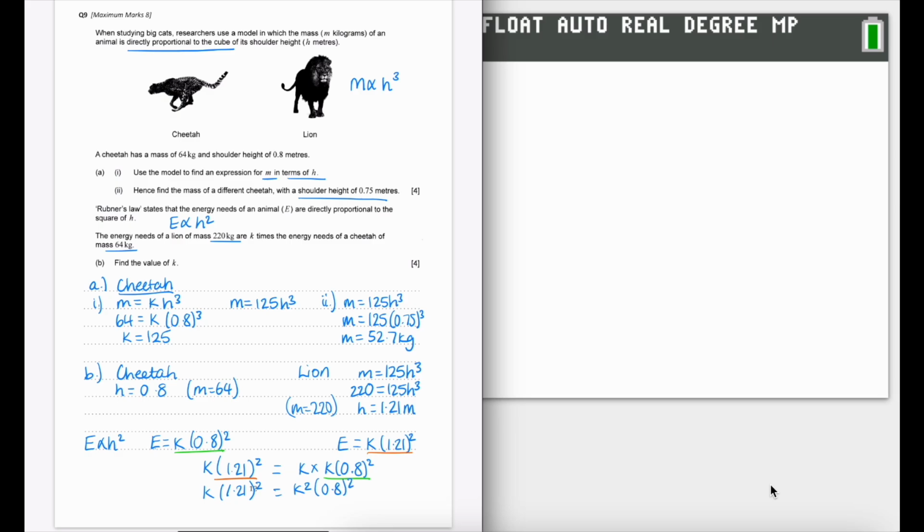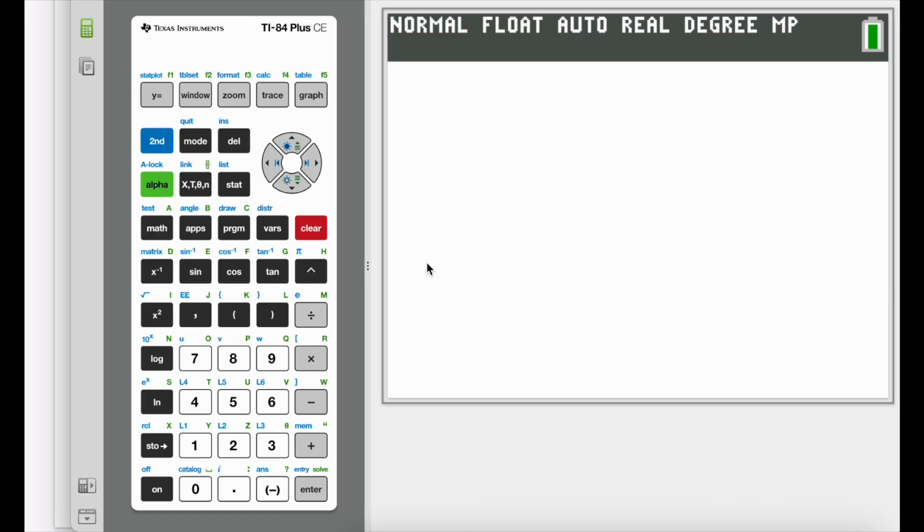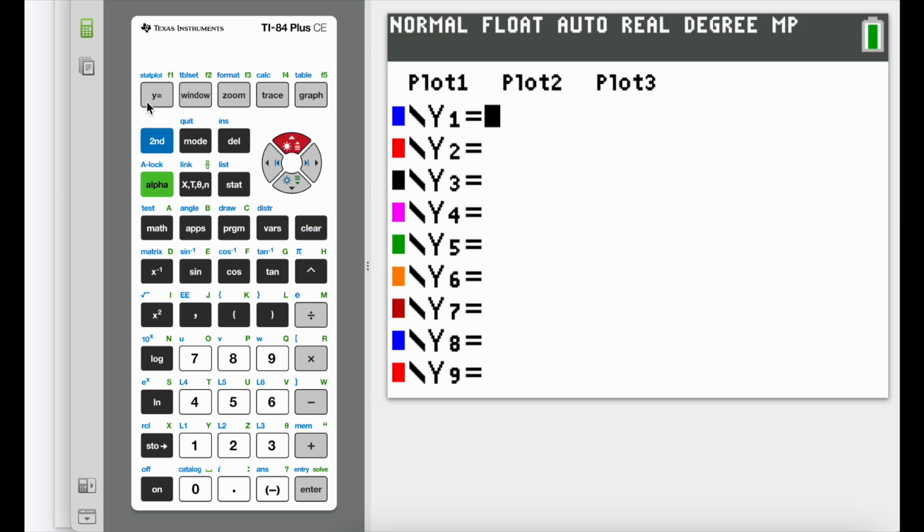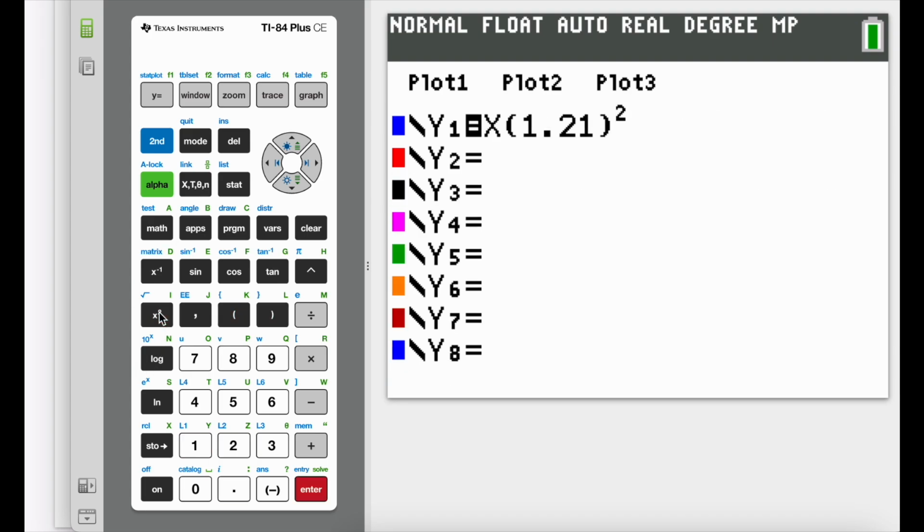And if I graph both sides, I can go to my calculator here, and I'm going to graph the two different sides of the equation, replacing the k value with x. So I have x times 1.21 squared. That's the side for the lion.